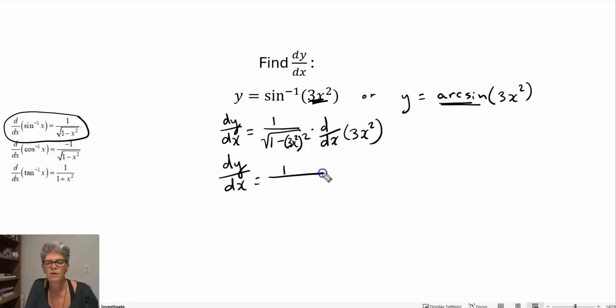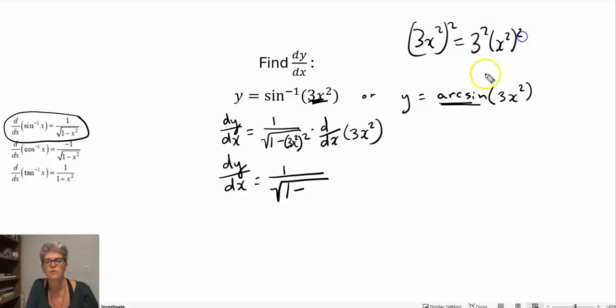So I'm going to have 1 over the square root of 1 minus, and then 3x squared all squared is going to be the same as 3 squared times x squared all squared, which is going to be 9 times x to the 4th.